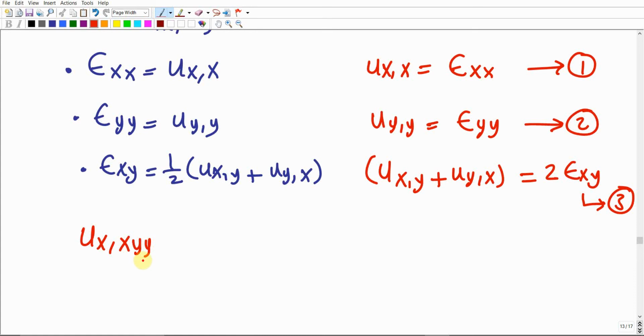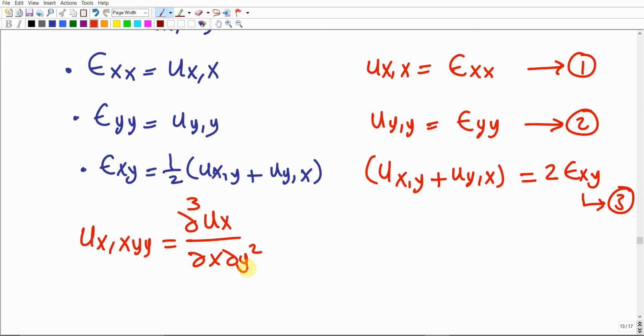The second derivative of this one is going to give us ux comma x, then we're going to differentiate twice with respect to y. So this gives us yy again, so this is like ux comma xyy. It means that we do have 3 derivatives. This term can be written as the partial derivative of ux with respect to x with respect to y squared. But this should be cubed here, right?